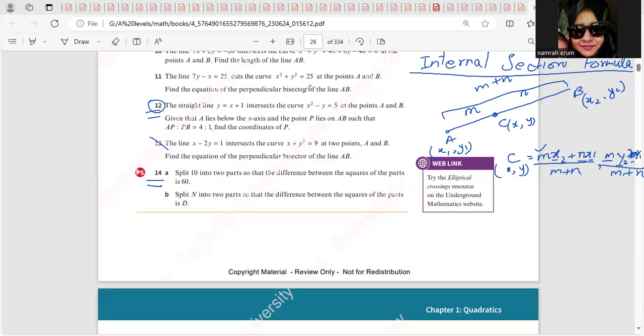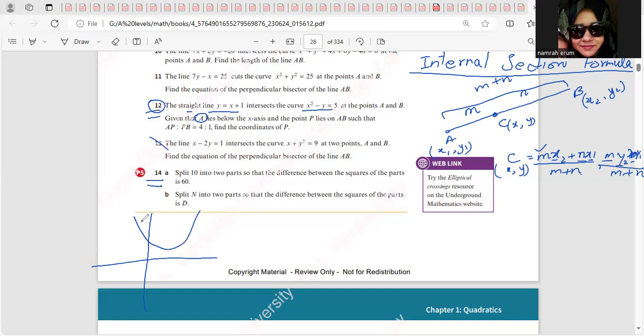So basically here in question 12, the same thing is being asked. You have to figure out a straight line and a curve. They are meeting at the point A. Given that A lies below the x-axis, that means A has a negative x coordinate, and point P lies on AB. This is what they're asking. There is a curve, something like this.